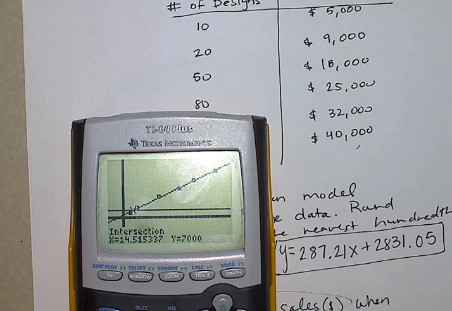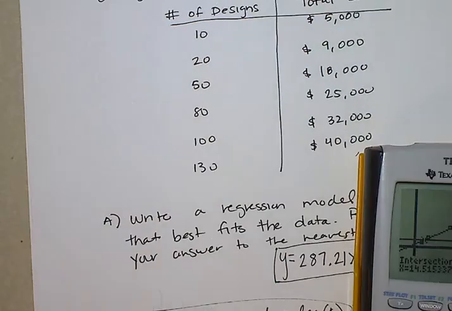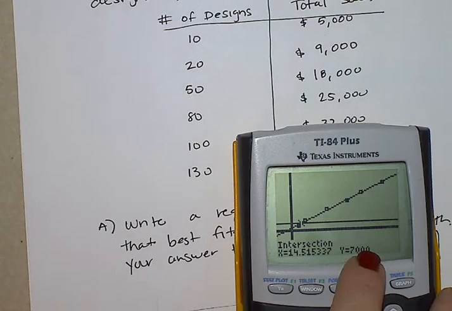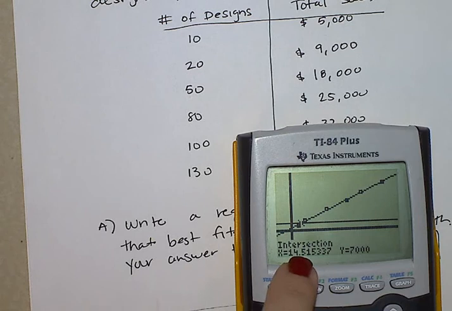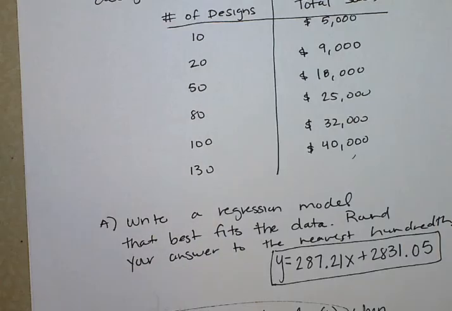Well, can you have a half of a design? So, it's approximately 15. Now, if it doesn't tell you how to round, I would accept either 14 or 15 in this case if it's not specific about how to round. Okay? So for this question, when the total sales are 7,000, there's approximately 14 or 15 different designs contained at this particular store.